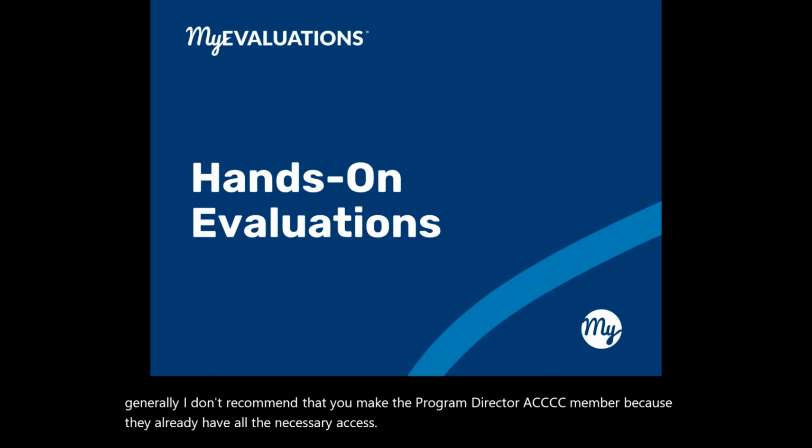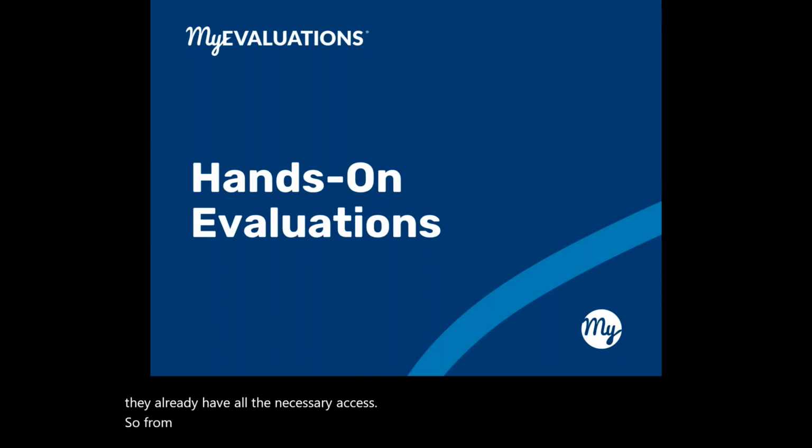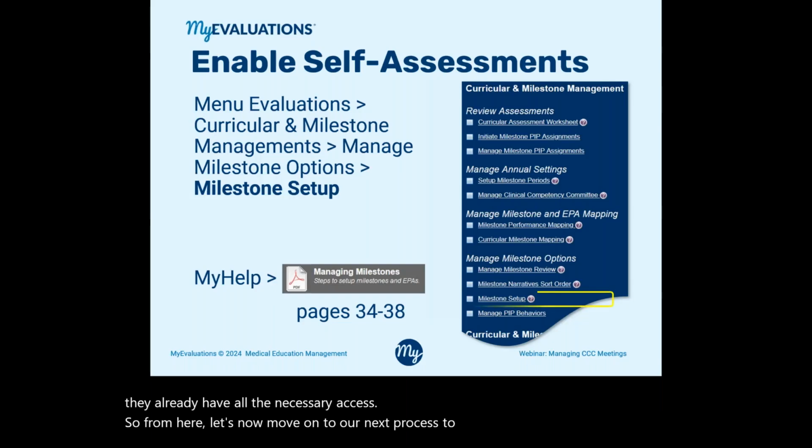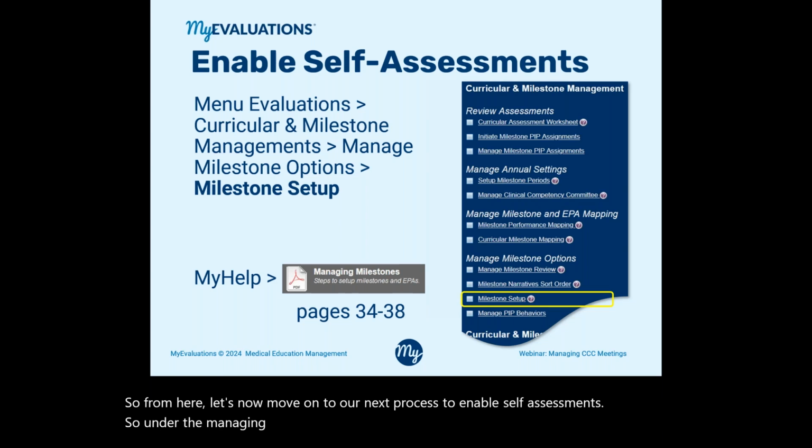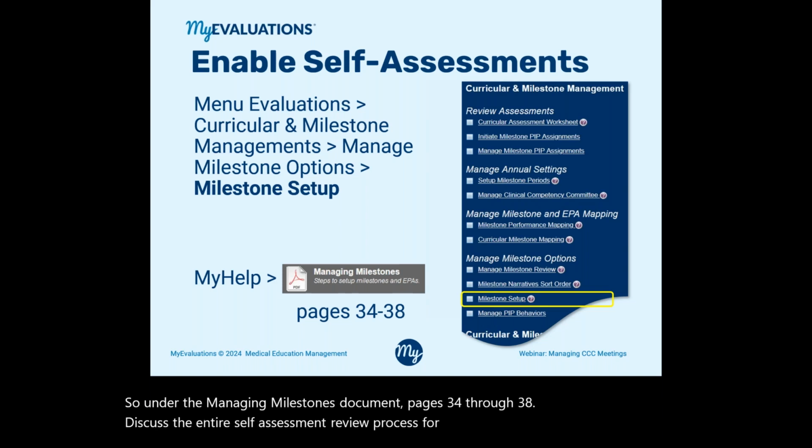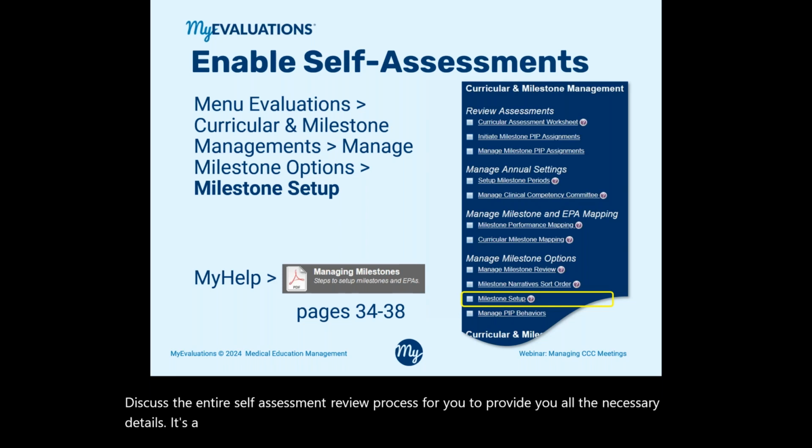So from here, let's now move on to our next process to enable self-assessments. So under the Managing Milestones document, pages 34 through 38 discuss the entire self-assessment review process for you to provide you all the necessary details. It's a very simple option for you to set up.